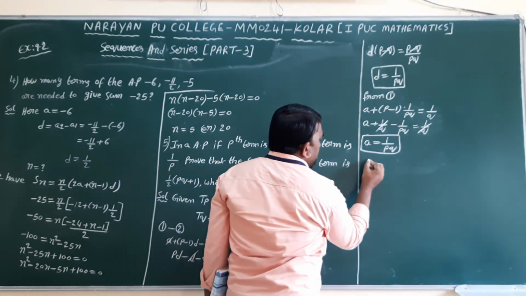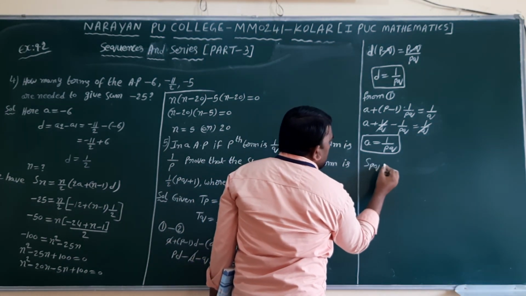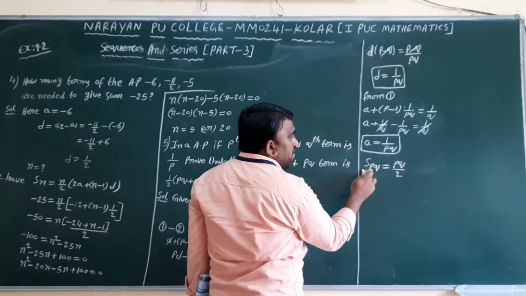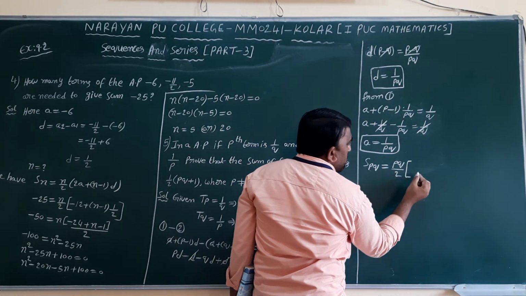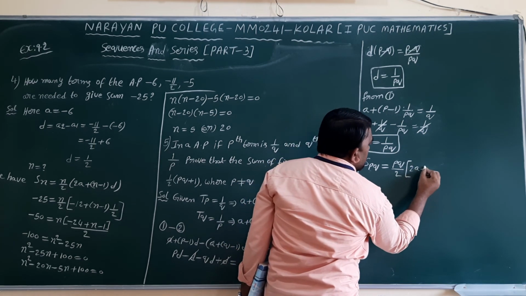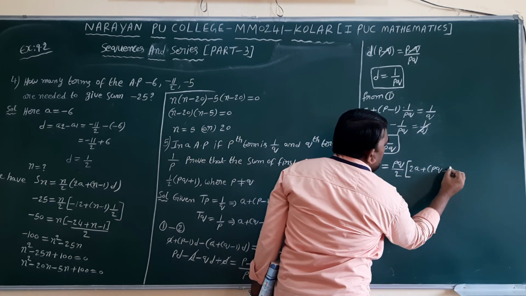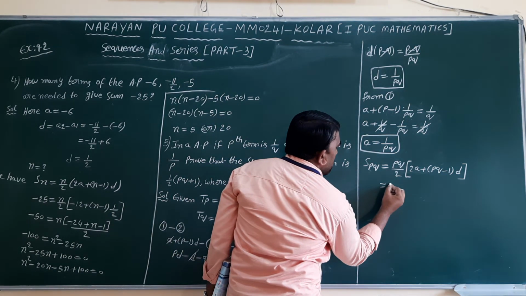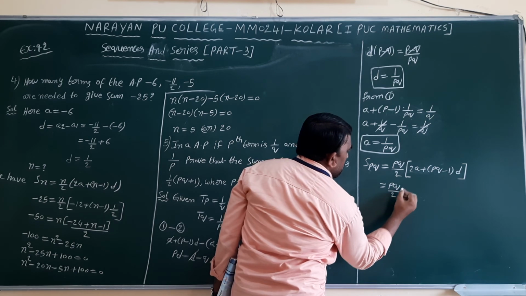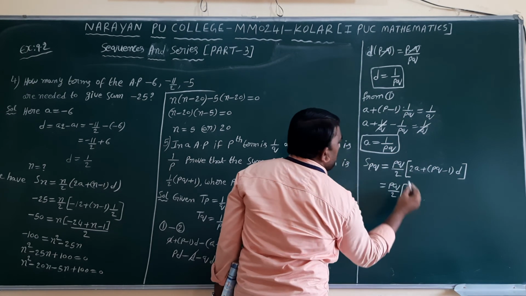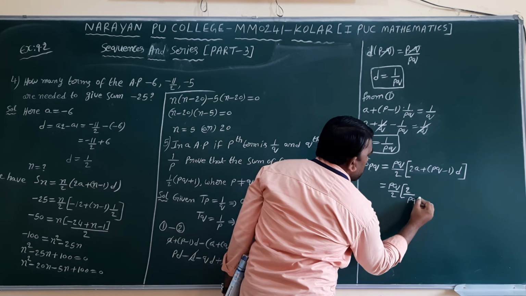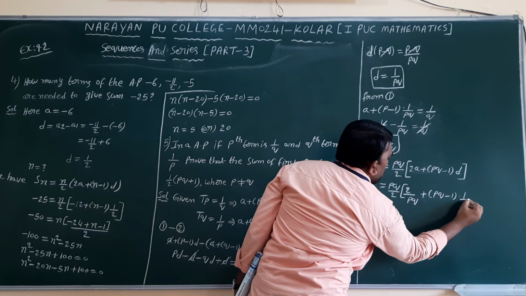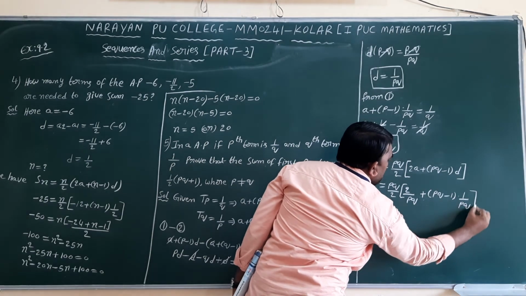First term we got and difference also we got. SPQ we need to find. The general formula is N by 2 into (2A plus (N minus 1) into D), where N means PQ. So SPQ is PQ by 2 into (2 into A value 1 by PQ, that is 2 by PQ, plus (PQ minus 1) into D value 1 by PQ).